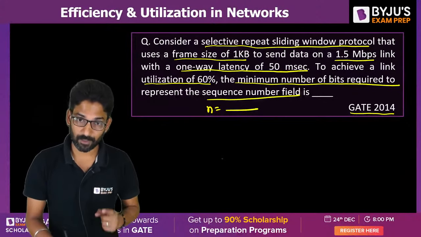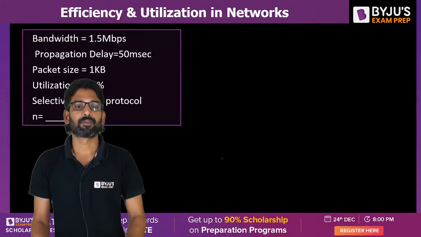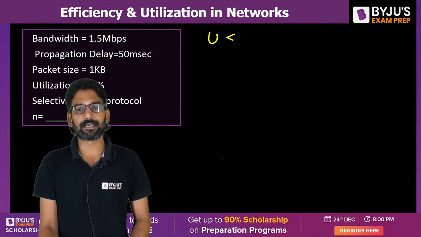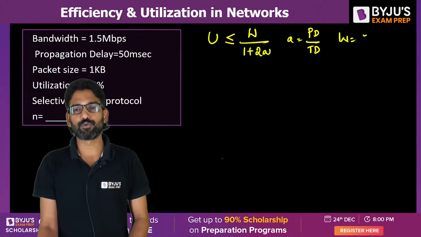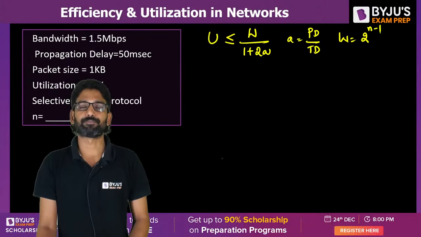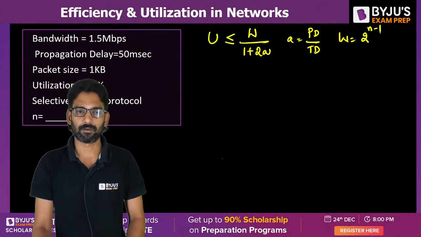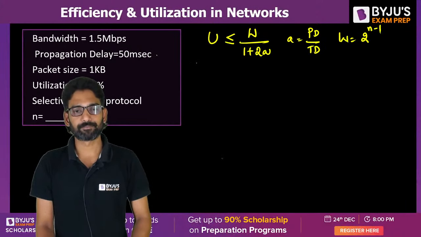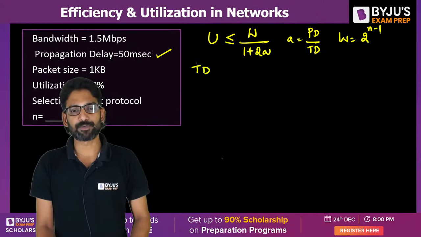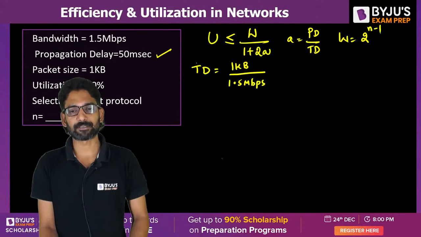Let's do it. Now it is selective repeat protocol. So we know U is less than or equal to W by 1 plus 2a. Here a is propagation delay by transmission delay. W is 2 raised to n minus 1. Now, propagation delay is directly given. Let us calculate transmission delay. 1 kilobyte by 1.5 Mbps.